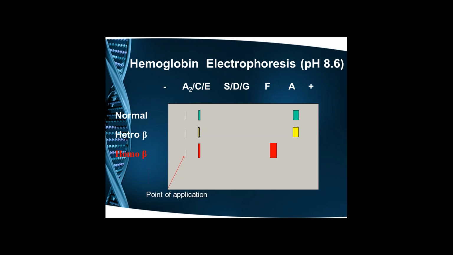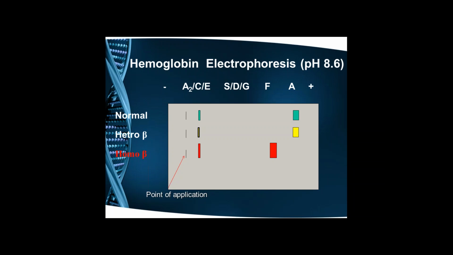Now the problem with hemoglobin electrophoresis is that it cannot differentiate between A2, HbC, HbE, and the other group, HbS, HbD, and HbG. Although they are found in different regions, there can be some problems with this. So those who are using electrophoresis, if a band is seen in the region of HbS, they should always do a sickling test.